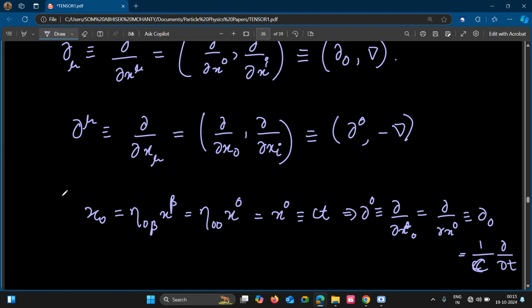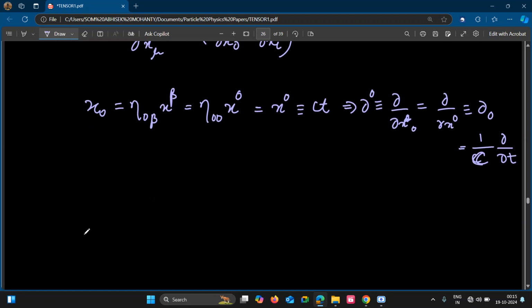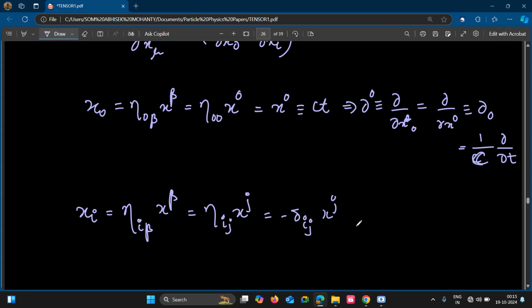Like that, x i can be written as what? x i can be written as eta i beta x beta, which is equal to eta ij x j, which is equal to minus delta ij x j, which is equal to minus x i. We can also write it like this.